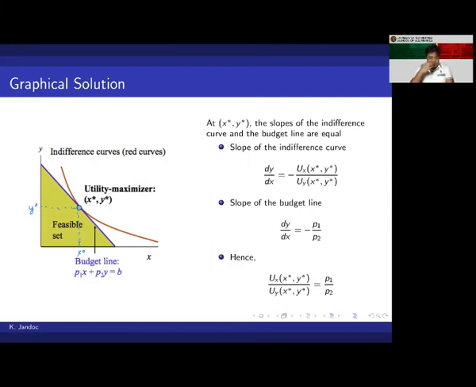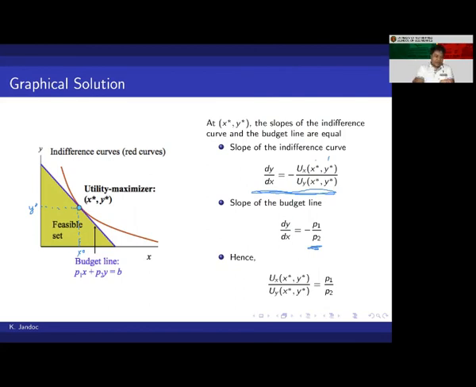So at that point, we have just shown that the slope of the budget line is equal to the slope of the indifference curve that just touches the budget line. Due to the implicit function theorem, the slope of the indifference curve is negative ux divided by uy, evaluated at x star y star. And the slope of the budget line, again due to the implicit function theorem, is negative p1 over p2.